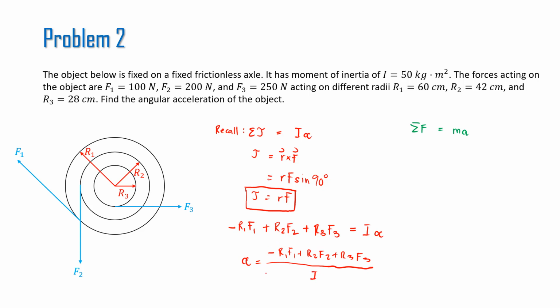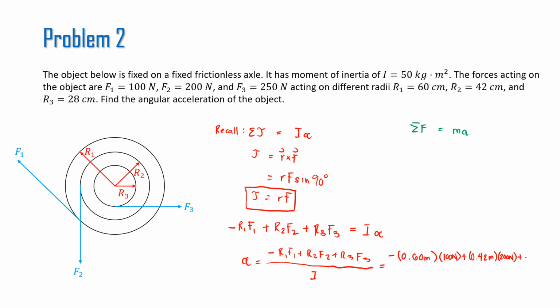Since all of these are given, we just have to substitute. So we have minus R sub 1, which is 60 centimeters, equivalent to 0.60 meter, multiplied by F1, which is 100 newtons, plus 42 centimeters converted to meter, that is 0.42 meter, multiplied by 200 newtons.